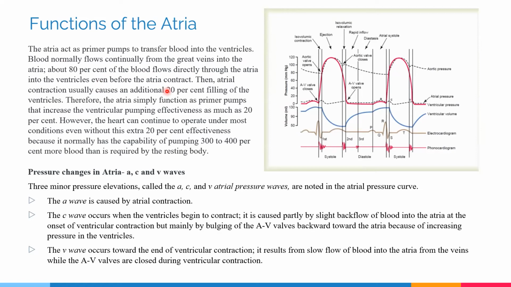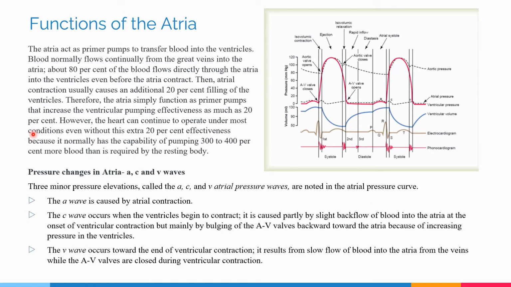So this flow of blood is passive and just passes right through the atria into the ventricles. Then atrial contraction occurs, which causes an additional 20% filling of the ventricles. Therefore, atria simply act as primer pumps which increase the ventricular efficiency by about 20%.